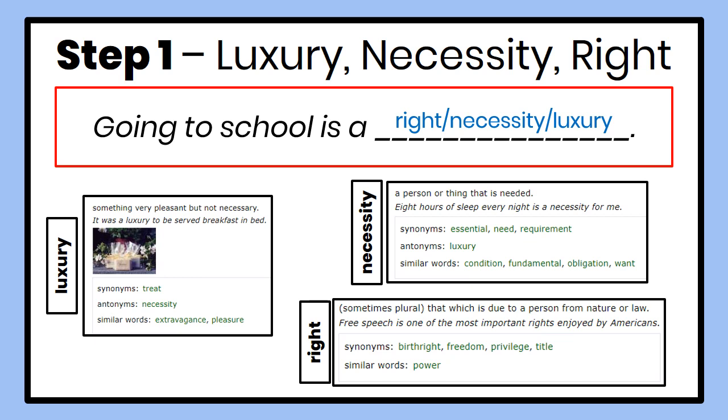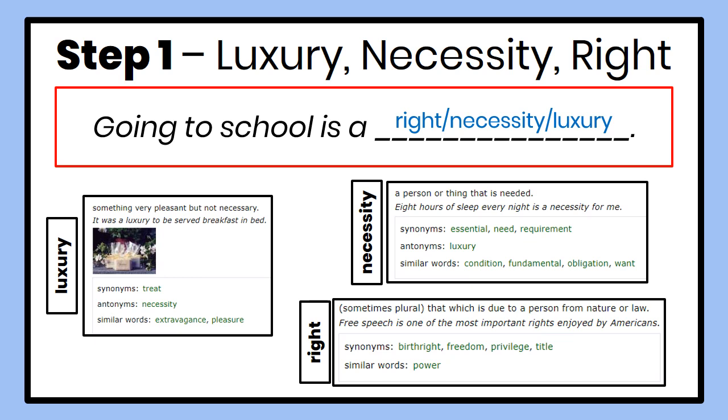Here in the United States, it's a right for all students in kindergarten through 12th grade to attend school. It's also a necessity for attending school around the world if you want to be a successful adult. But in some places in the world, going to school is a luxury. Not all children are able to attend school.